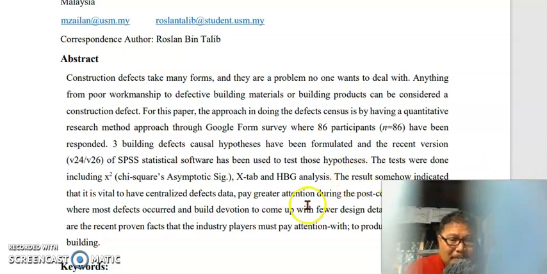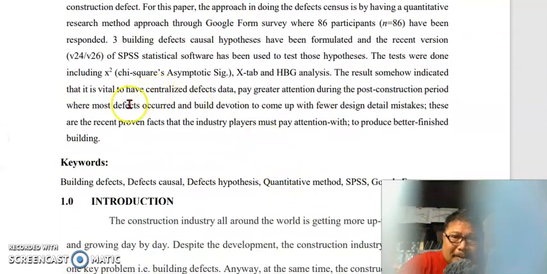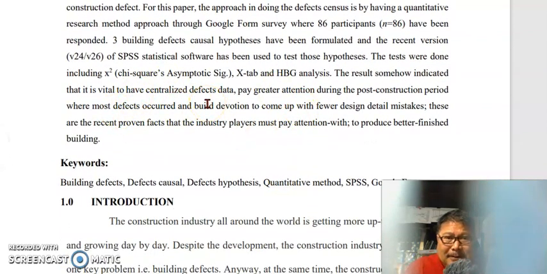And the overall result indicated that it is proof that we are lacking centralized data. I will elaborate on this later, and we should pay greater attention especially to the post-construction period, where these building defects mostly happen.